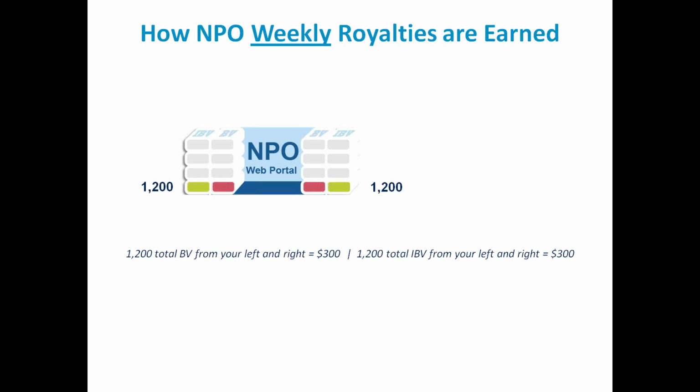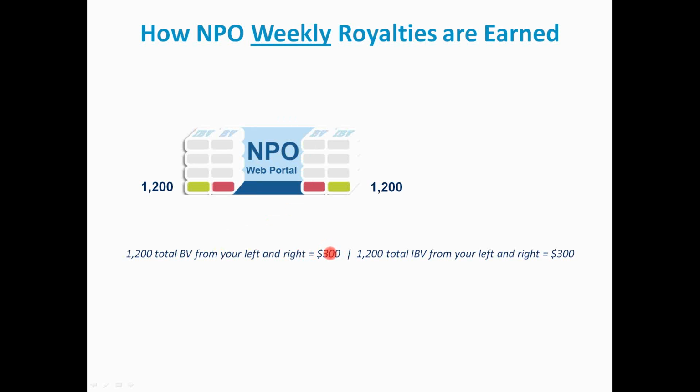Okay? When the points accumulate for the BV, let me show you right here. When the points accumulate, 1,200 on the left for BV and 1,200 on the right for BV, which are the red ones, you get a $300 check.